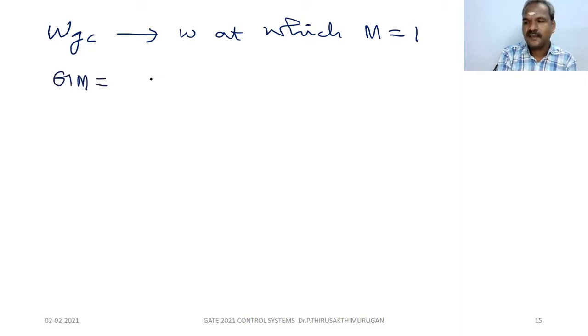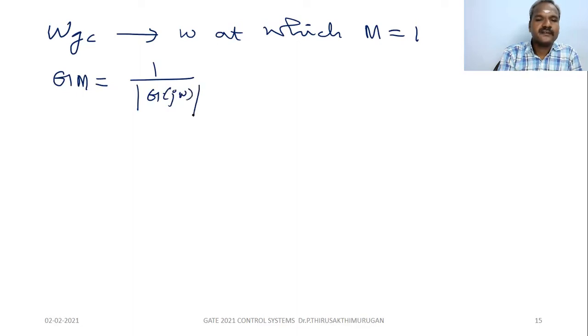Gain margin is the inverse magnitude of G of j omega at omega PC. So instead of omega, substitute the omega PC value.